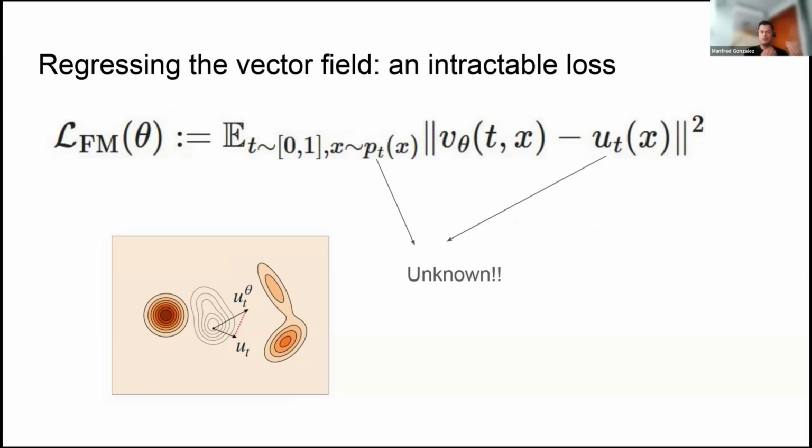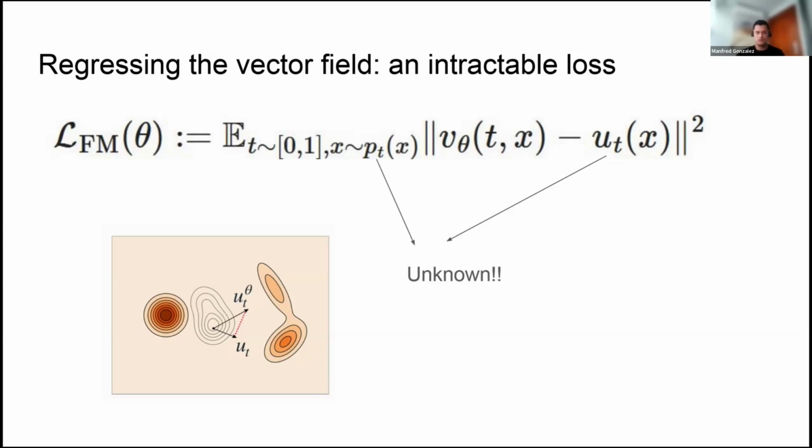So you need the predicted velocity, but you also need the ground truth velocity. And these two, the ground truth velocity and also the data distribution PT, are unknown. You don't have it, right? So basically you have to do some tweaks here to be able to make this work.